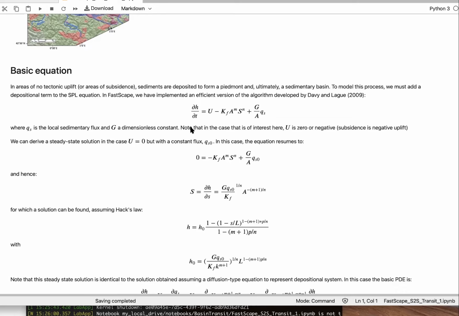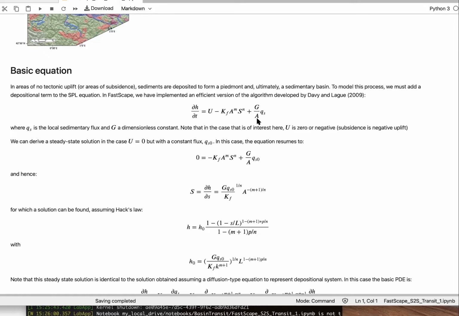So all we've done is add this term, which computes the sediment flux and says we'll deposit in proportion to the sediment flux. And what is the proportion? The proportion is a constant, we call it G, and we divide it by the drainage area. Here the drainage area is a proxy for discharge.